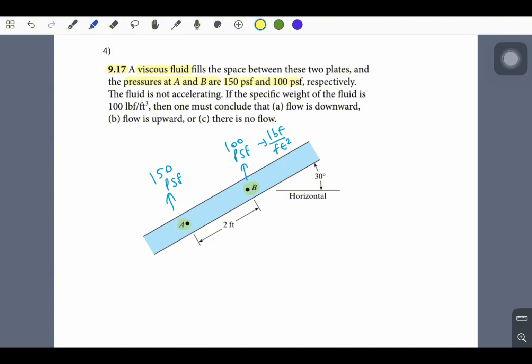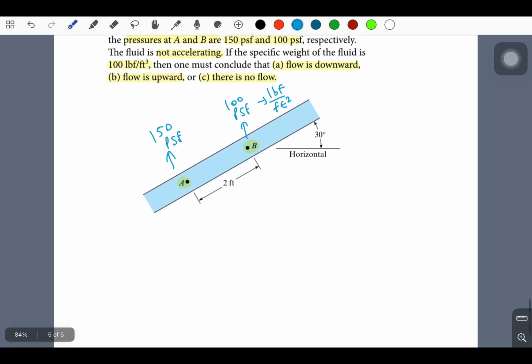The fluid is not accelerating, which means no change in the velocity, so we have a constant velocity. If the specific weight of the fluid is 100 lbf per cubic feet, we need to conclude if the flow is downward, upward, or if there is no flow.